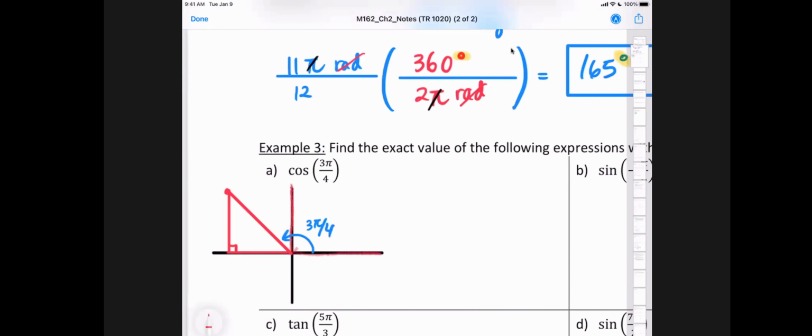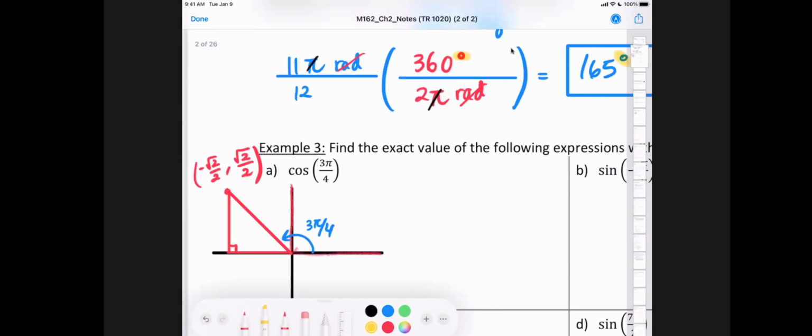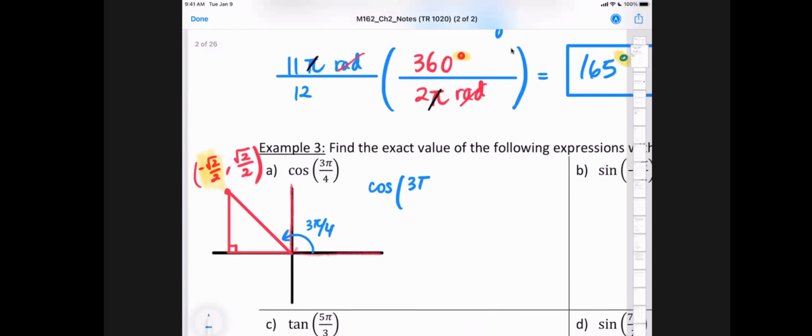We know this is a 45-degree angle because we were cutting in equal fourths. So the coordinate point is negative square root of 2 over 2, comma, positive square root of 2 over 2. Because we want the cosine, we take the x coordinate. So cosine of 3 pi over 4 is negative square root of 2 over 2.